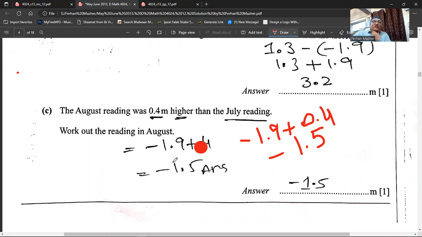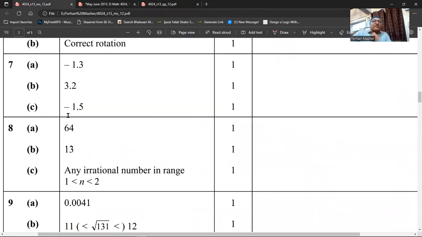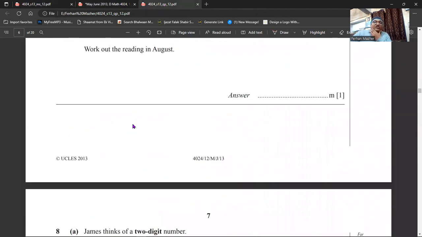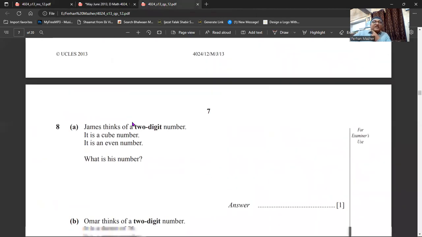I forgot to put a decimal point here. So it will be -1.5, and -1.5 is the right answer. Hopefully you understand this. Okay, so we are done with question number 7.